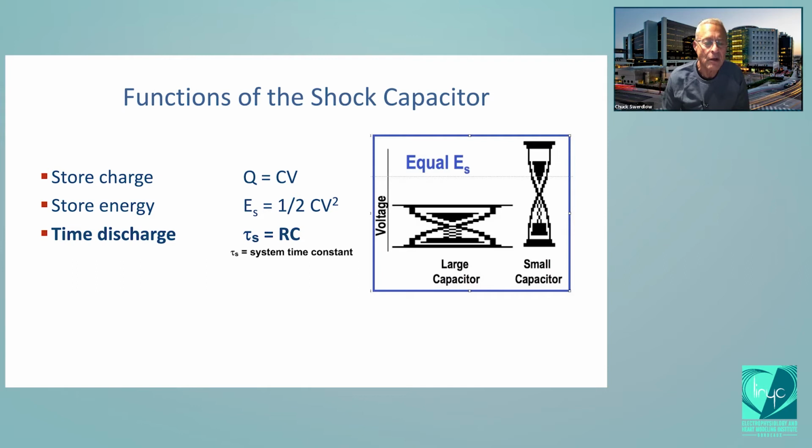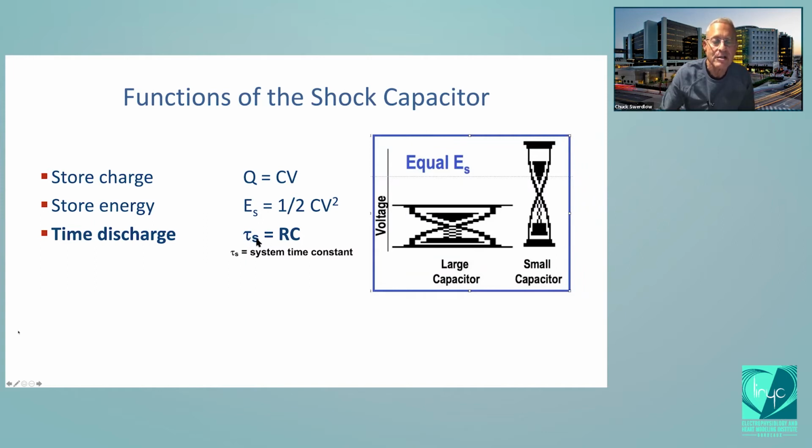Now, another important function of capacitors we'll come to at the end is that capacitors allow you to determine over what period of time your shock is discharged. This is a function called the system time constant. We use the Greek letter tau for a time constant.